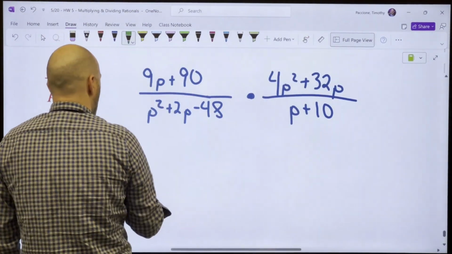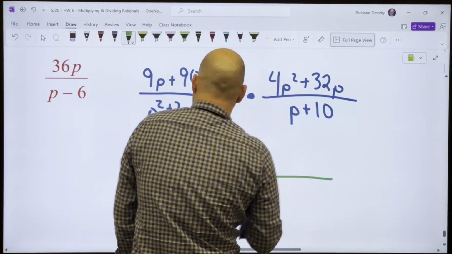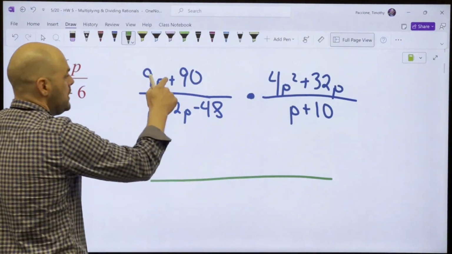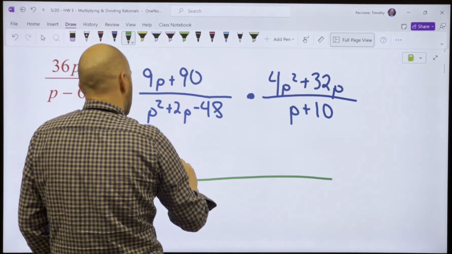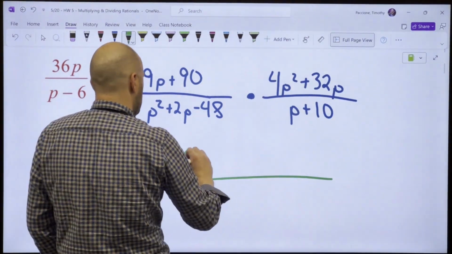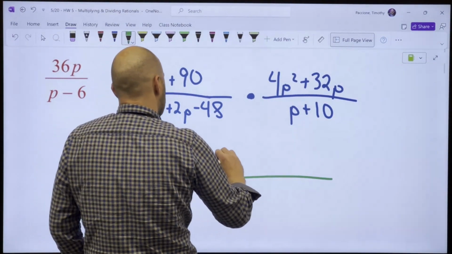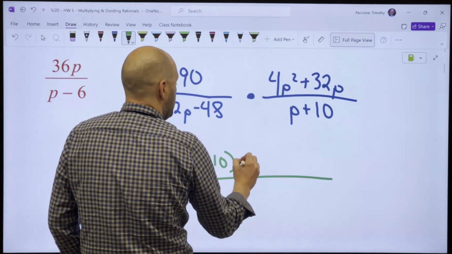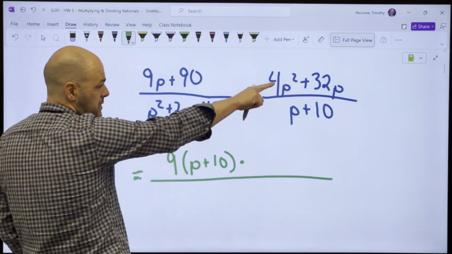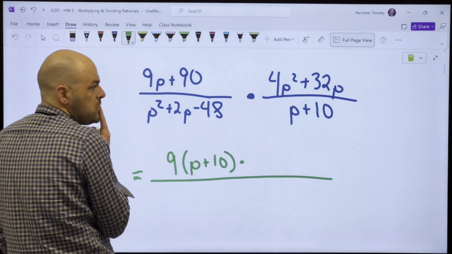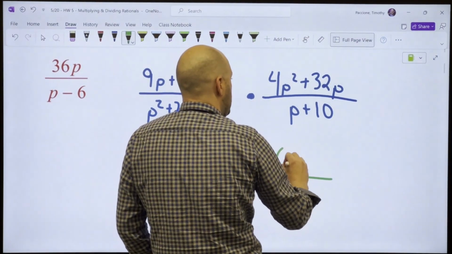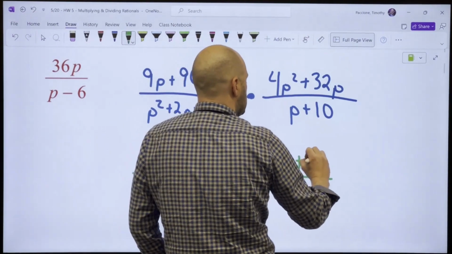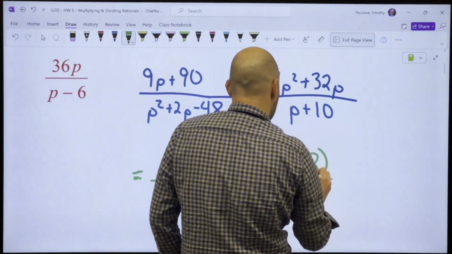I make one big fraction, and I look one at a time. 9p plus 90. A 9 comes out, so it's 9 times p plus 10. Times 4p squared plus 32p. Yep, 4p comes out. And then I have p plus 8.